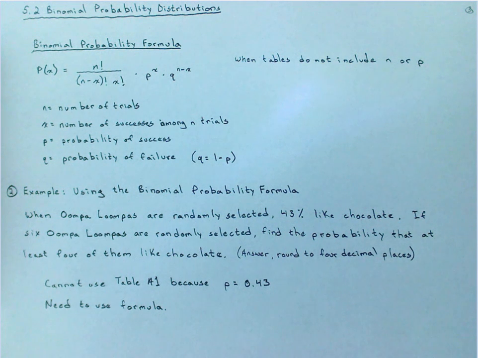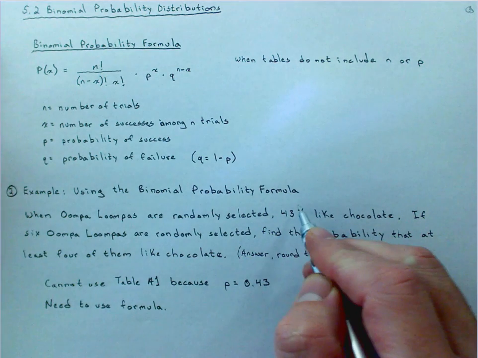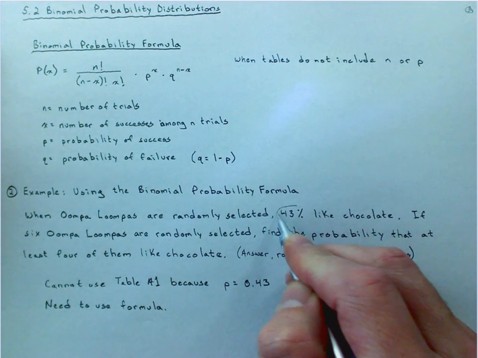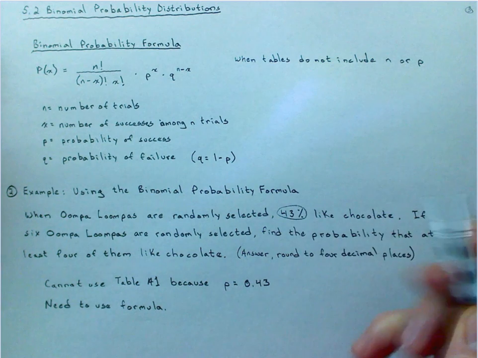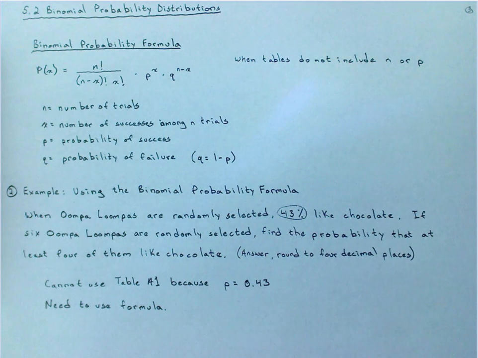For your answer, round to 4 decimal places. You cannot use table A1 because my probability is 43%. When you look in the table, you're not going to have 0.43, you're going to have 0.4. So we need to use the formula.